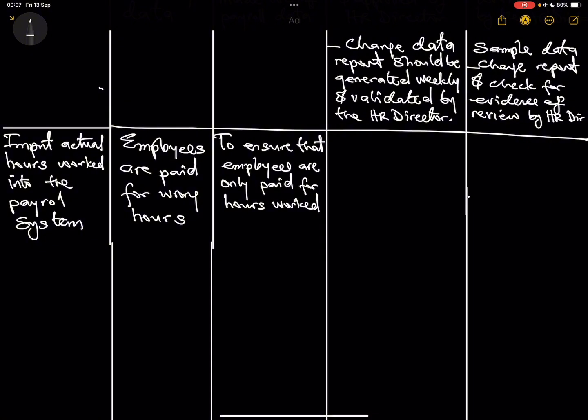So we need to ensure that the employee is using their own card to clock in. The best thing is probably to use biometric means, but not so many companies will be able to achieve that. So the most prevalent way is people use their access card or staff ID card to clock in.